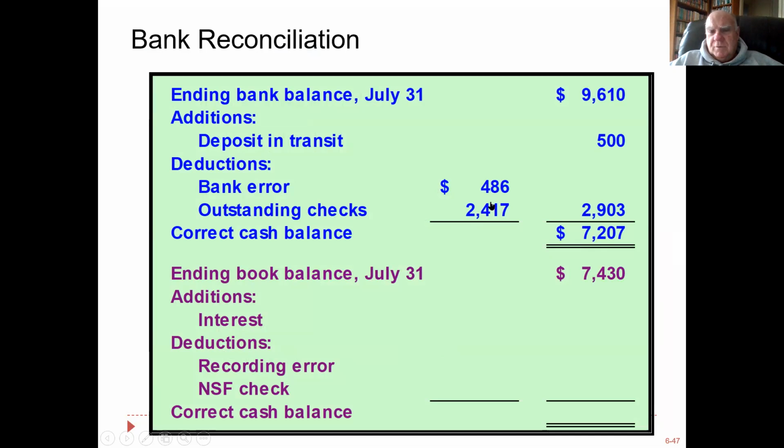And we check it out, and we realize this is not our money. And we're honest people. So we put it on the bank reconciliation. And what you would do is contact the bank immediately. Perhaps a text or call your contact and say, look, you gave us $486. Thank you very much, but it's not our money. Could you please remove this from our checking account balance? So bank side's not too bad.